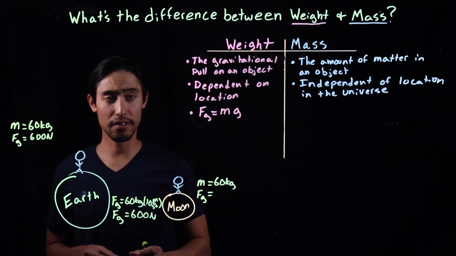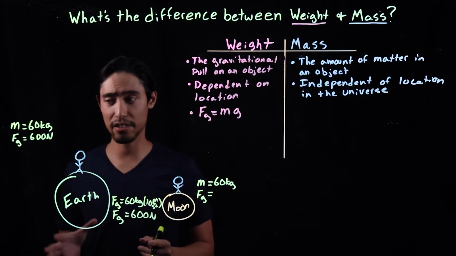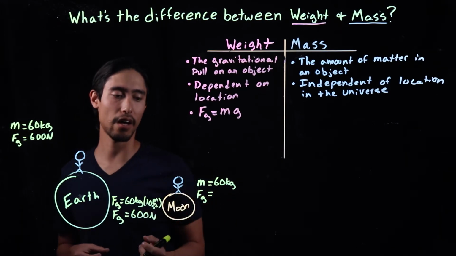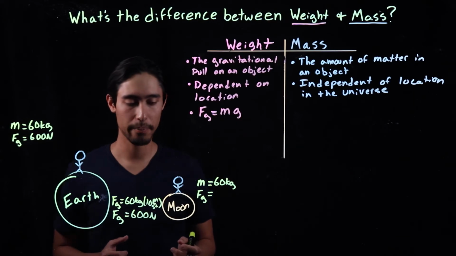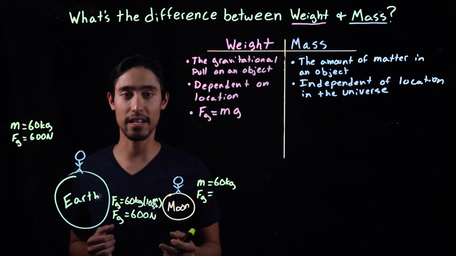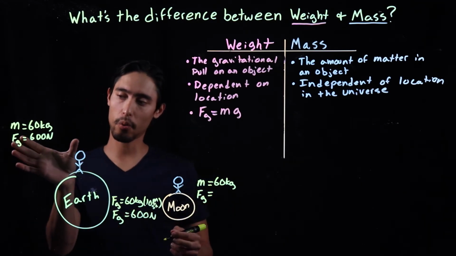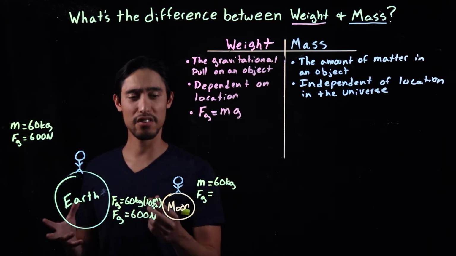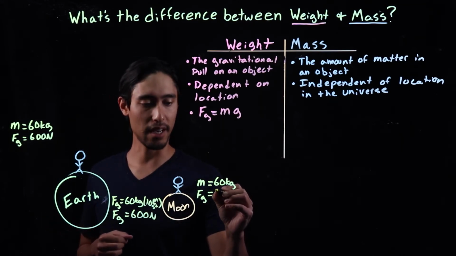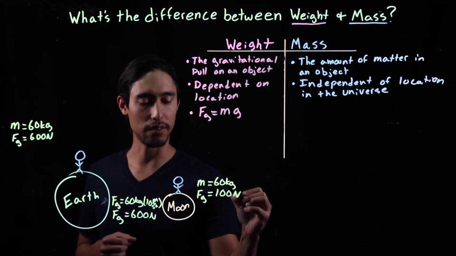On the moon, the acceleration due to gravity on the surface of the moon is actually 16.5%, or about 1/6 the acceleration on Earth, which means the force of gravity is 1/6 that on Earth. So if we know our weight here on Earth, we can just divide it by 6. And so 600 divided by 6, our weight is going to be 100 newtons.